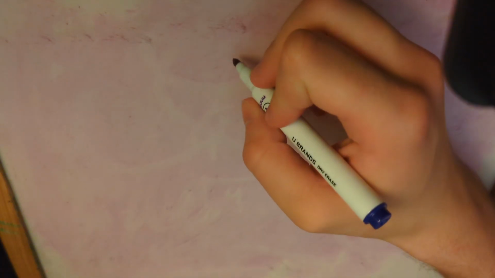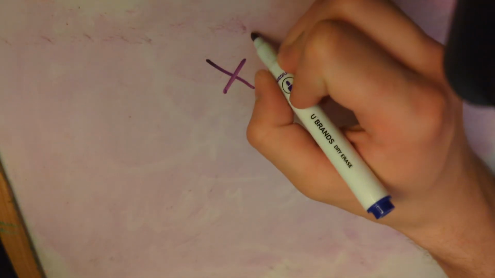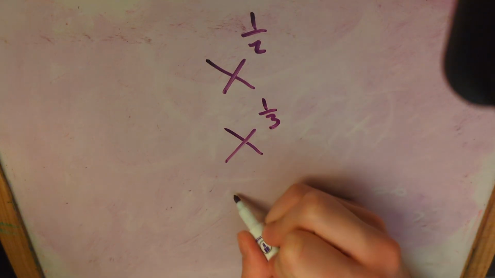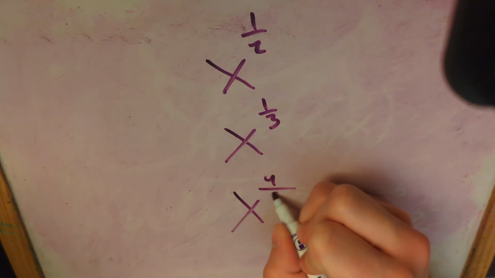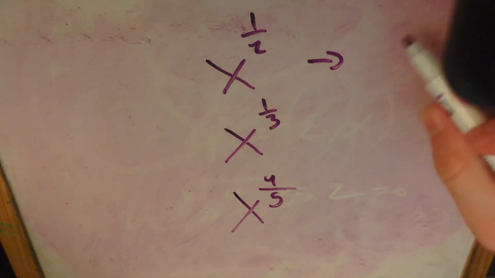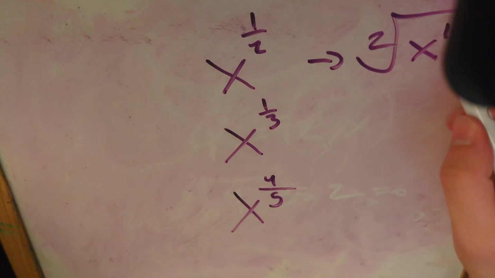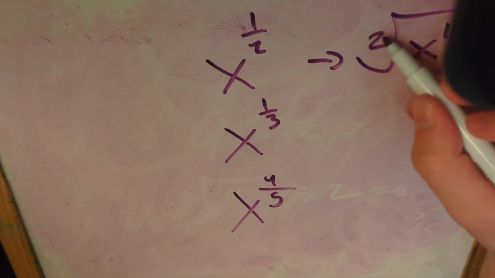And the reason for that is basically it's just important that you know that when we take x to the power of 1/2, or x to the power of 1/3, or x to the power of 4/5, they're equal to x to the power of 1 under this radical, right?